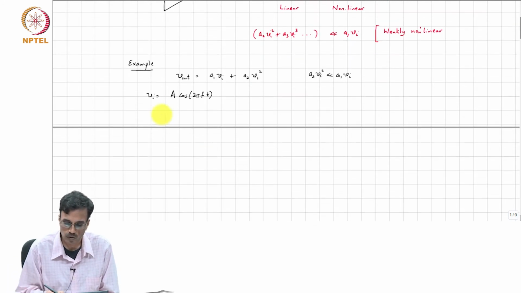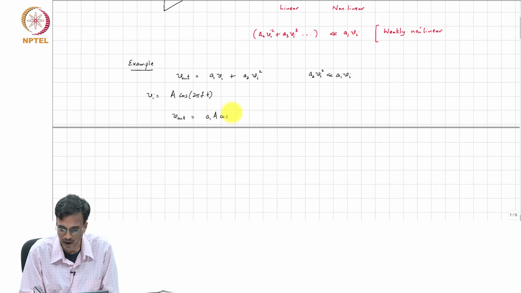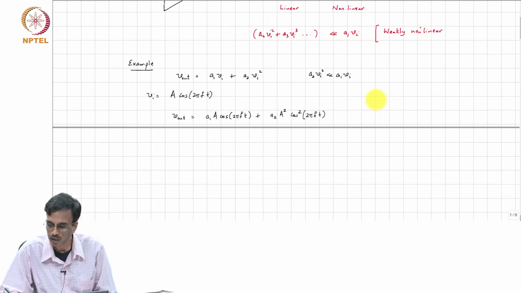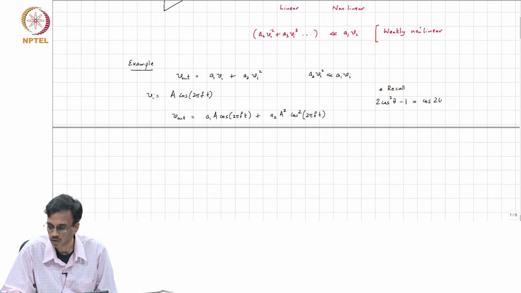So, V out therefore is A1 A cos 2 pi ft, that is simply the linear term, plus A2 A square cos square 2 pi ft, and recall that 2 cos square theta minus 1 is cos 2 theta.